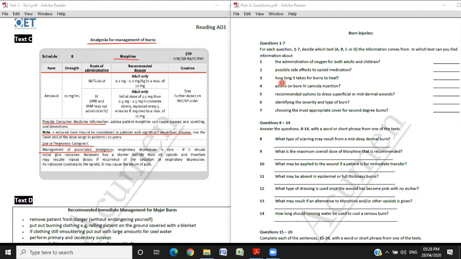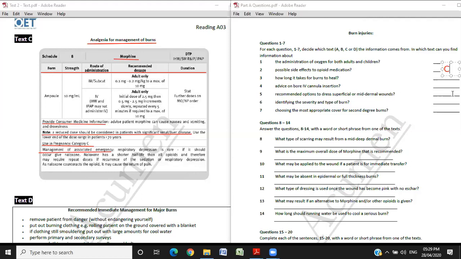Which one is matching with C? Yeah. So 2 is C because it says side effects. And you have management of emergency.